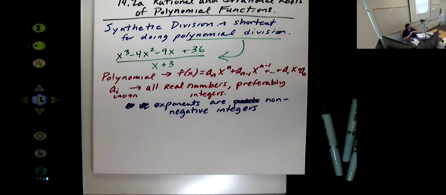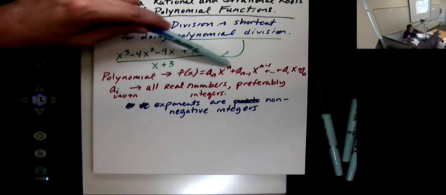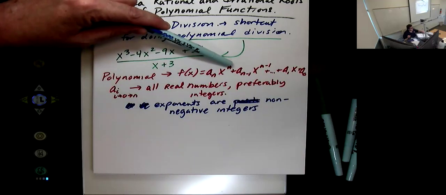What does the subscript mean in this situation? These a's are all coefficients, and the i represents which one it is, and it's related to the power. We tend to label the subscripts so they match the exponent.